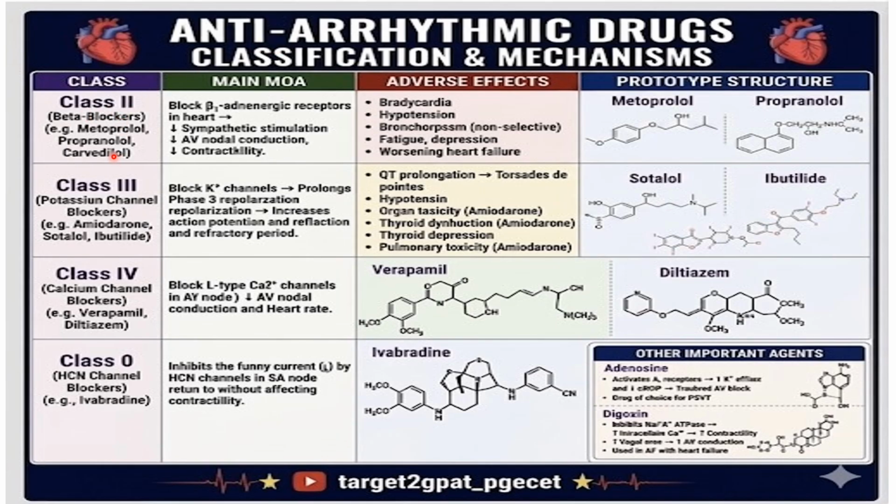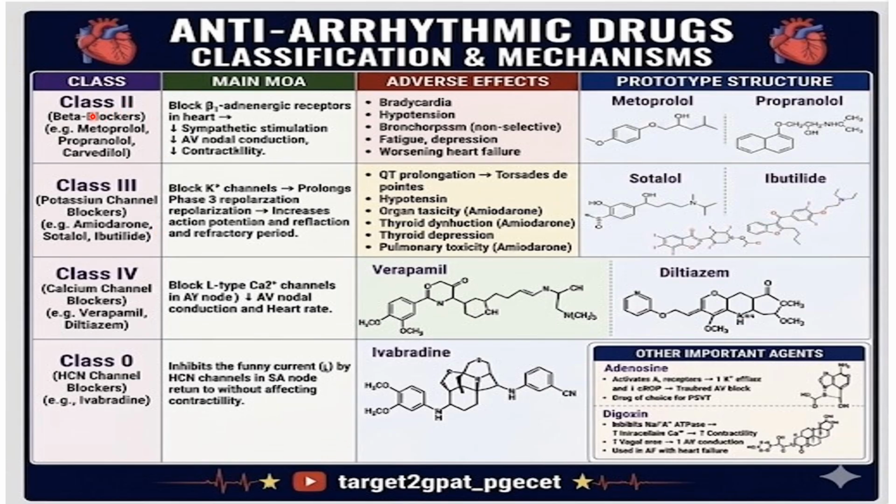All the anti-arrhythmic drugs generally are blockers. Class 1, N, stands for sodium channel blockers. Class 2 stands for beta blockers. Class 3 is potassium channel blockers, and class 4 is calcium channel blockers. Class 0 is nothing but HCN channel blockers. This we'll see now.